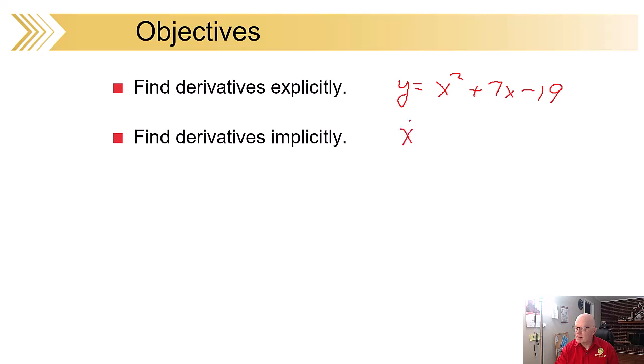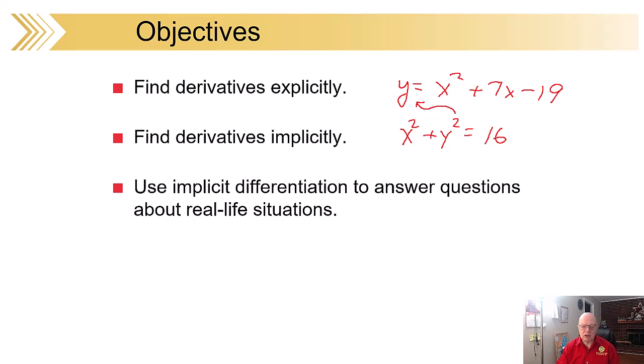We could have something like this, and we're trying to differentiate. The catch is, if you look at it carefully, if you try to make this into y equals, you're stuck. You can't do it. Solve this for y squared, that's fine, but not for y. So we could be caught in a conundrum. Instead, we're going to take care of that right now.